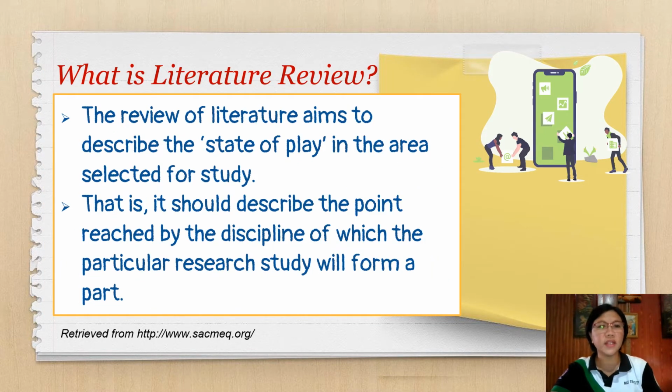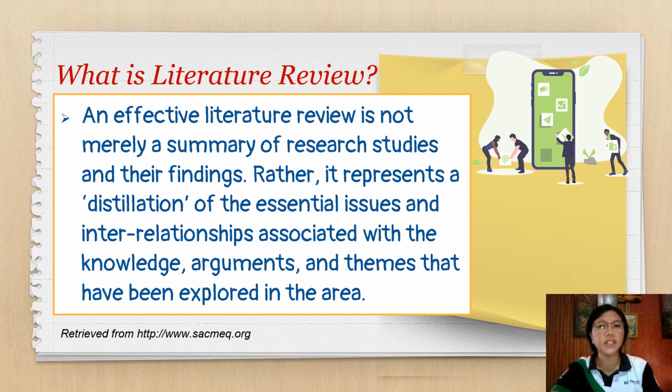Another one: the review of literature aims to describe the state of play in the area selected for study. That is, it should describe the point reached by the discipline of which the particular research study will form a part. An effective literature review is not merely a summary of research studies and their findings.